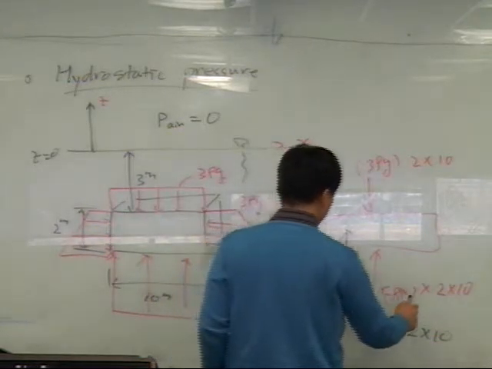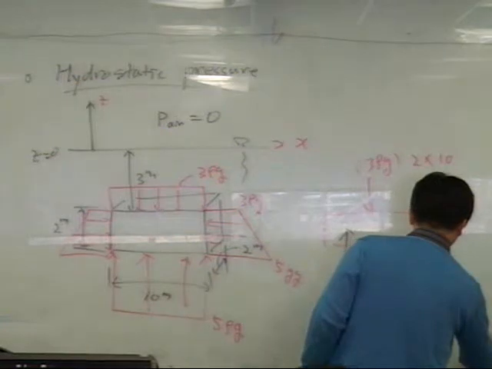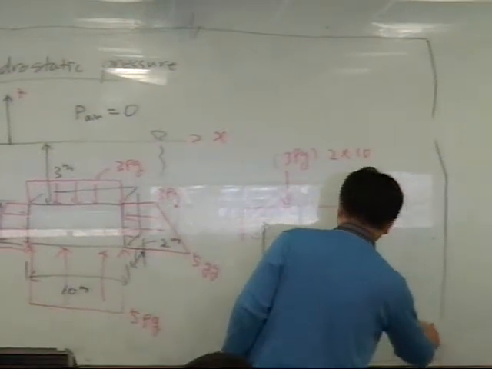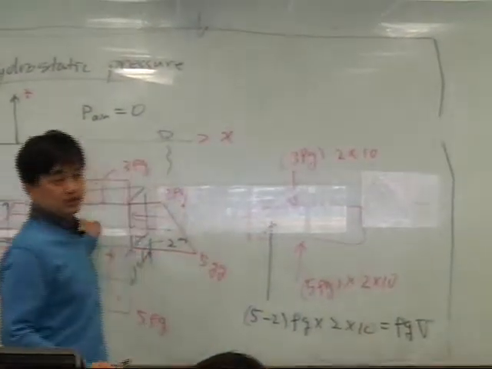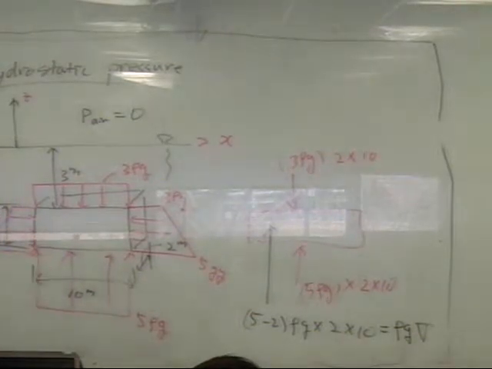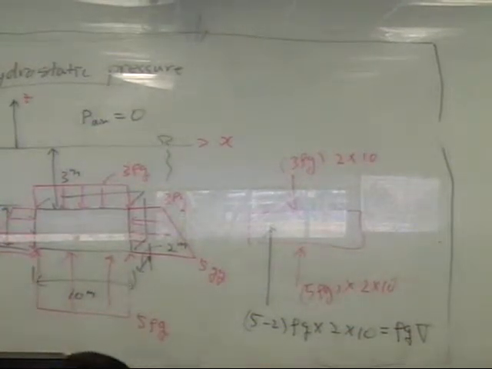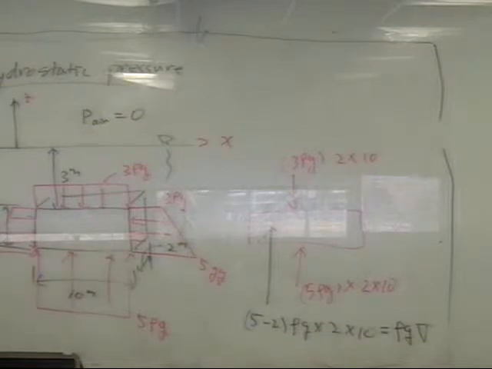This is the same as rho g multiplied by the volume of this submerged body, right? What's that? That's buoyancy, okay?